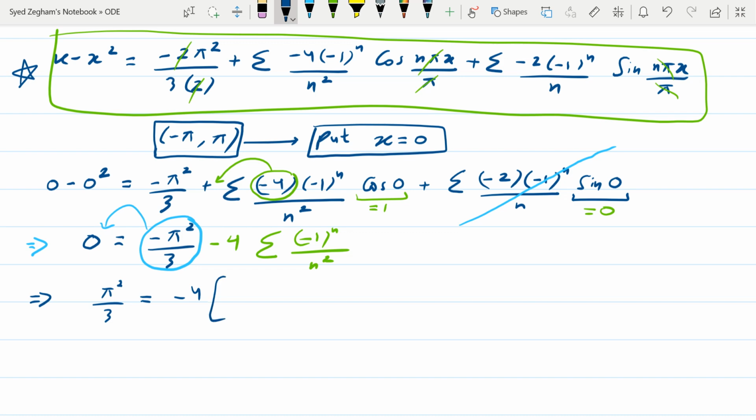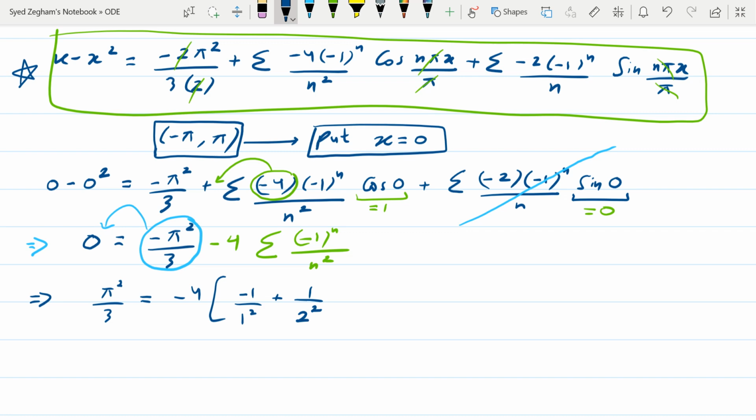Now, if you open this summation, when you put n equal to 1, you will get minus 1 power 1, that will be minus 1 divided by n square, that is 1 square. Then you will put n equal to 2. So it will become minus 1 power 2, that will become positive, divided by 2 square.